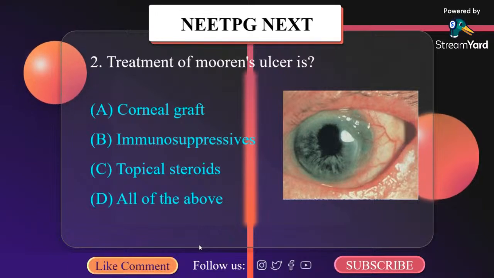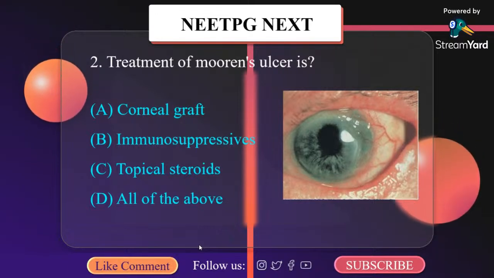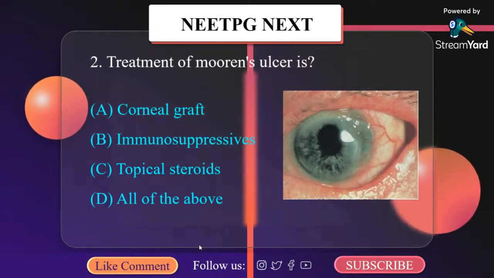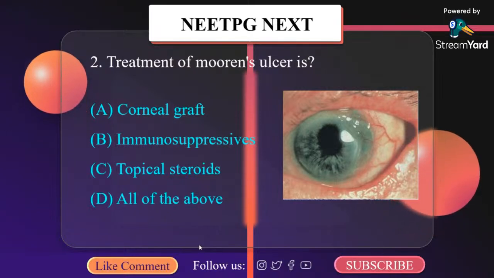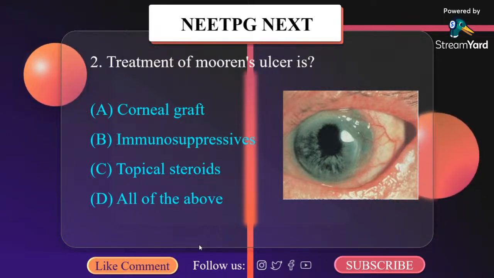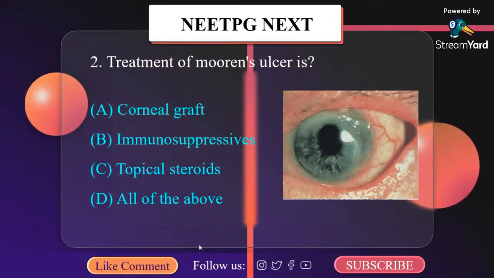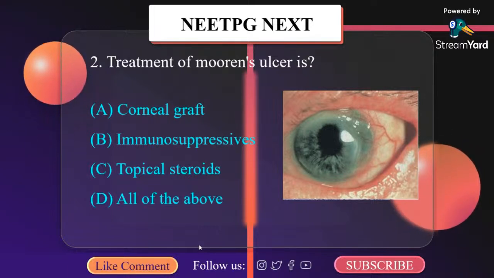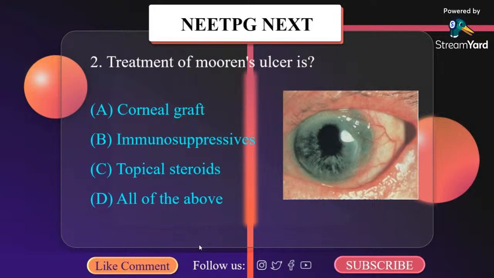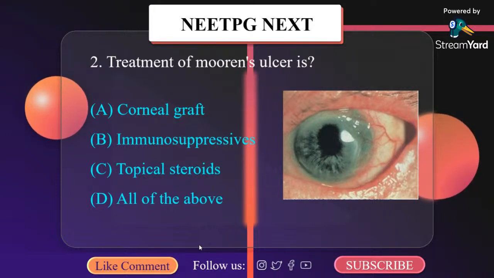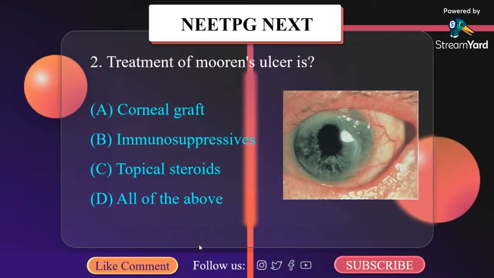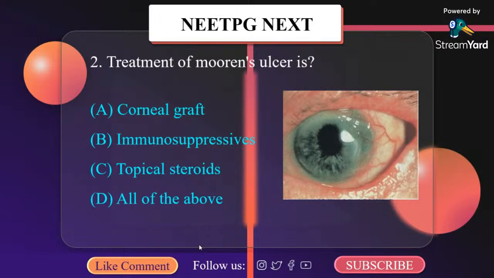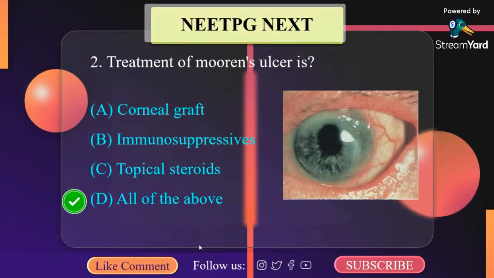Although the etiology of Mooren's ulcer is very poorly understood, recent evidence suggests that the pathogenesis of this disease appears to be a result of an autoimmune process directed against the molecules expressed in corneal stroma. Mooren's ulcer is also defined as a special and the most common type of peripheral ulcerative keratitis. So the correct option here is D, all of them.